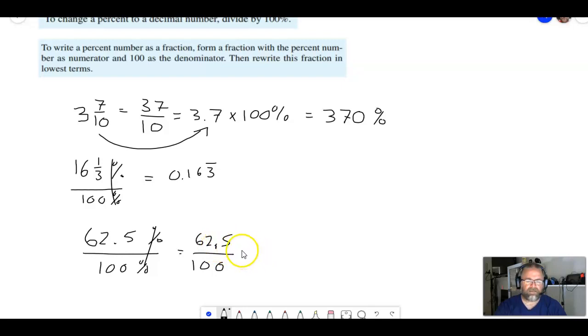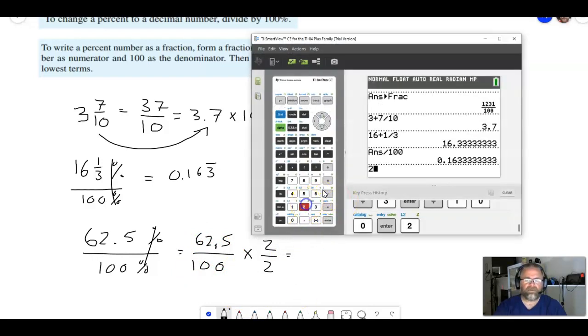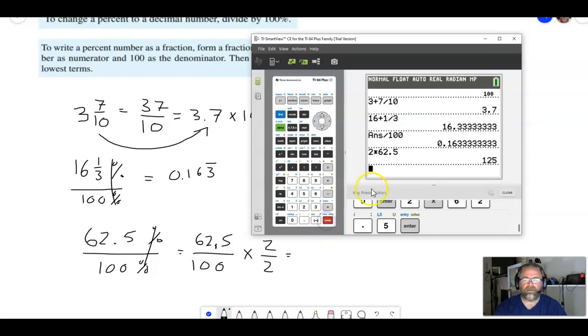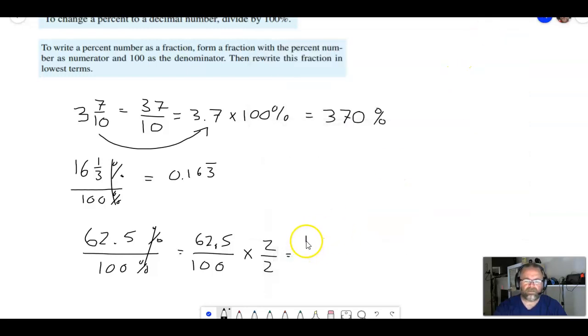So if I said times 2 over 2, which remember 2 over 2 is just 1, so that doesn't actually change the value, that's going to give us 2 times 62.5. Let's see what that is. 2 times 62.5, that's 125. So this is going to be 125 over 200.